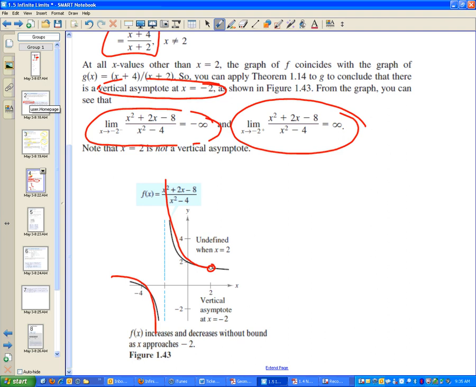Don't forget the little hole because it was discontinuous at 2 to start with. And now, we haven't really learned enough to know what the graph does when it gets farther away from that vertical asymptote. We will, but right now I'm not worried about that. I'm just worried about you getting it correct near the vertical asymptote. Okay? Any questions on that example?